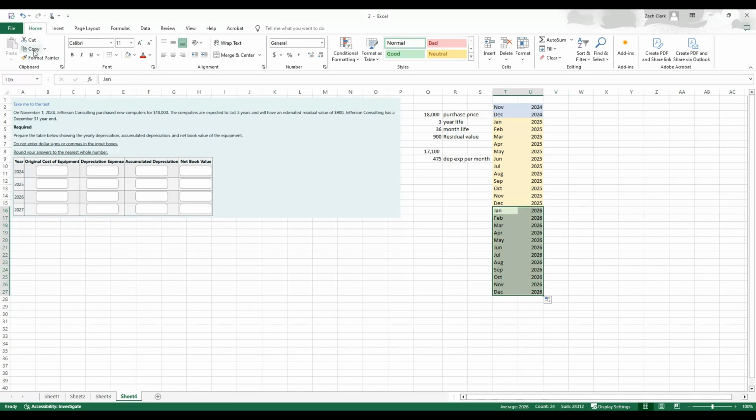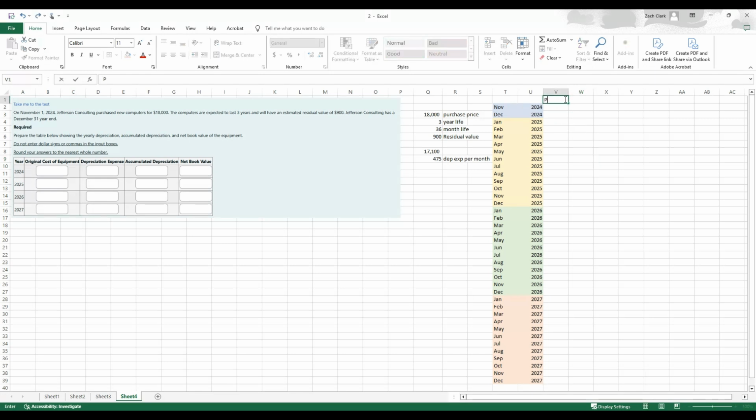Then I'll copy this in, paste that, and change the color. I'm just doing the color so it's easy to see. Then we'll replace all our 2026s in this little section with 2027. Okay, so now we've got the full life cycle of the whole thing here.